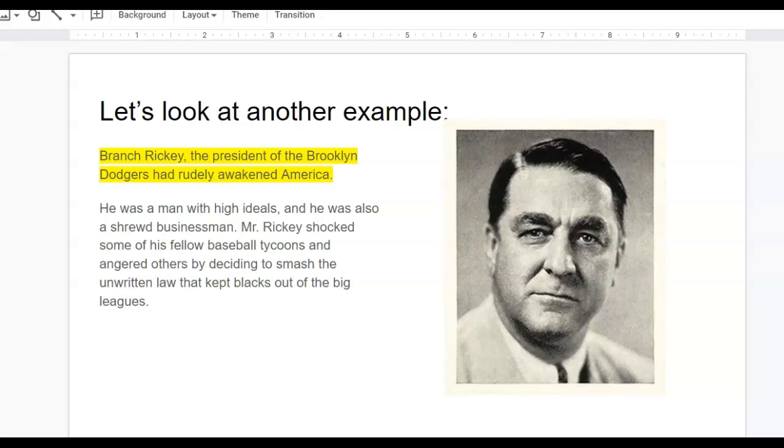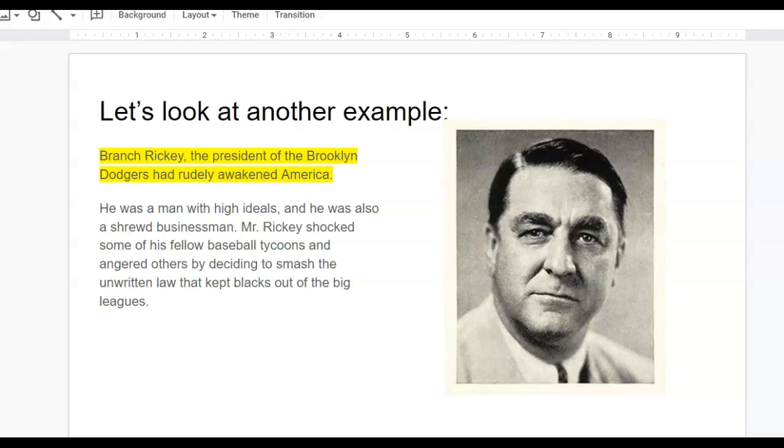So rudely awakened America. Like I said, literally, we're not saying that America woke up from a nap. We're just saying that America, when they saw this for the first time, was upset by this. And that's what this personification is trying to tell the reader.